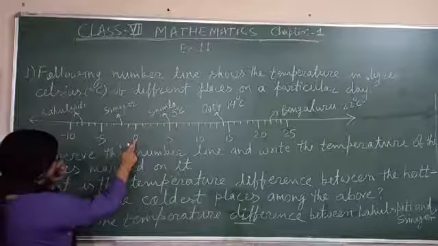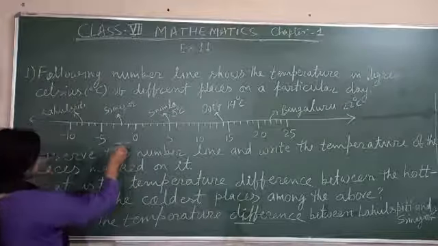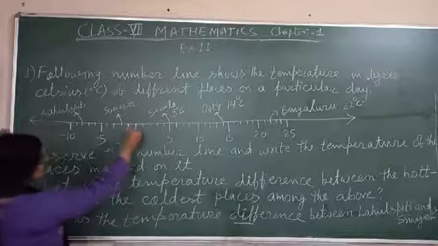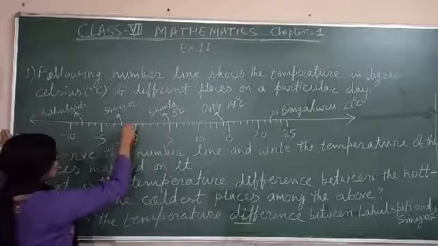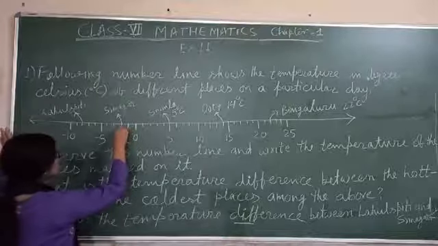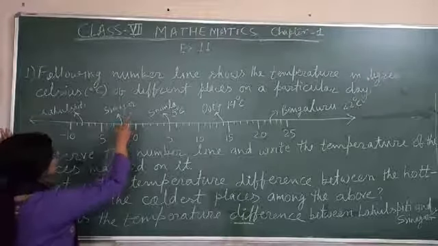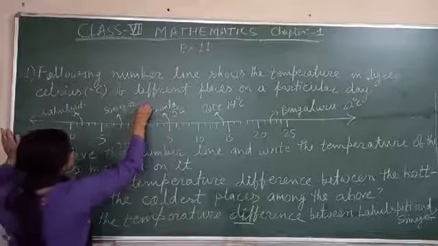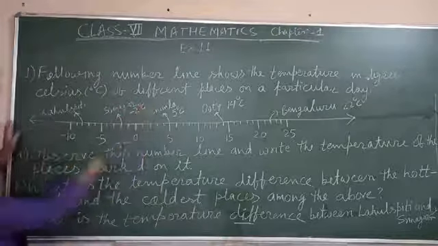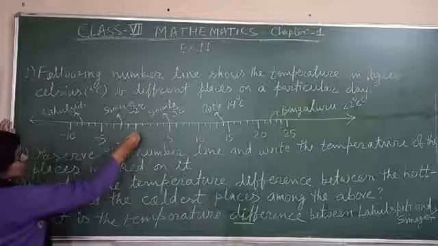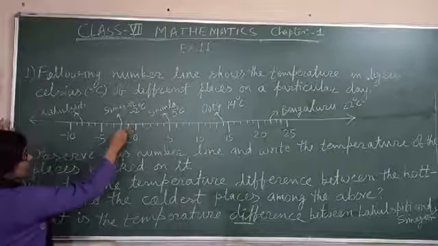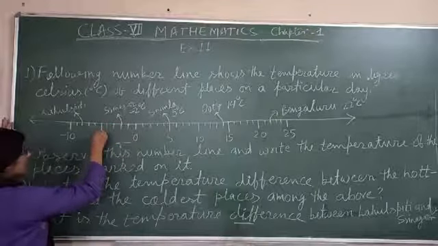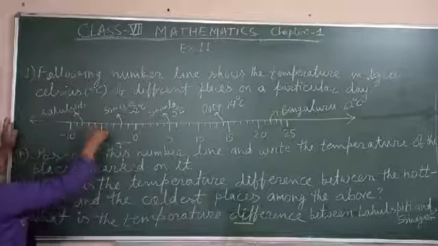And here 0 is written. Now we are going to the left side of 0. So look here, 0, -1, -2. This is -2. The temperature of Srinagar is -2 degrees Celsius. You have to count these lines. 0, -1, -2, -3, -4, -5. -5 here.